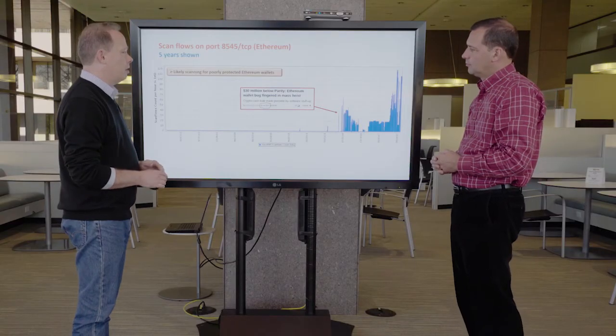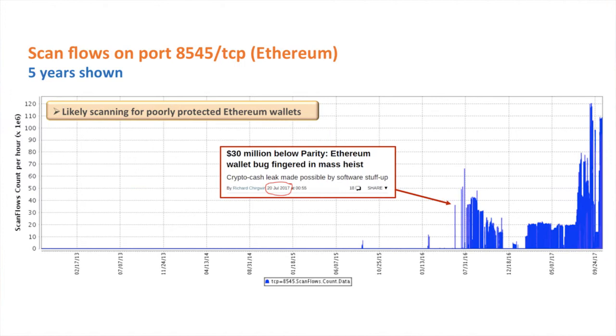Around the July 20th timeframe of this year, there was a vulnerability discovered in this Ethereum wallet called Parity. That is a very popular one for Ethereum. There's a bug in it that allowed people to steal. Some bad actor figured this bug out and stole about $30 million worth of Ethereum cryptocurrency back in July.